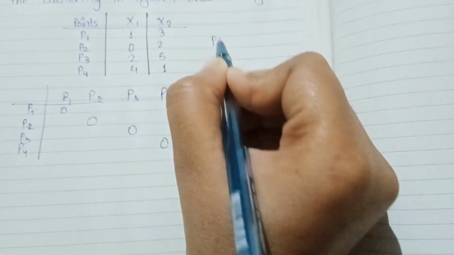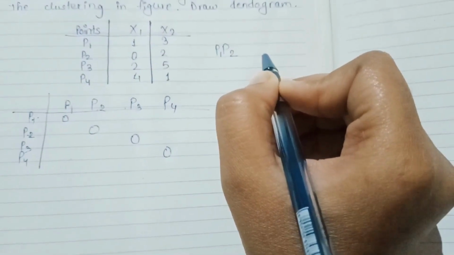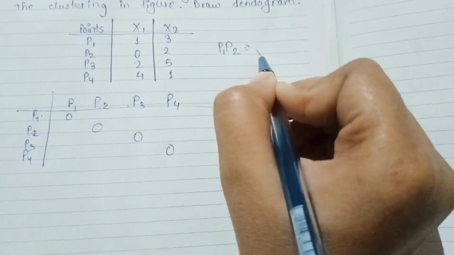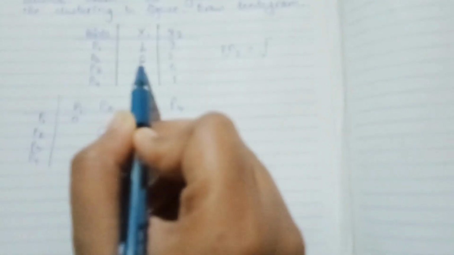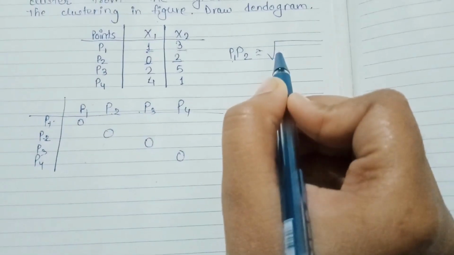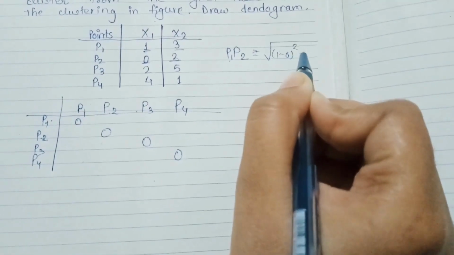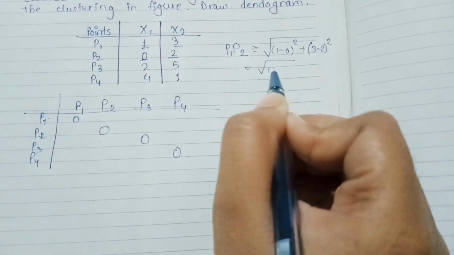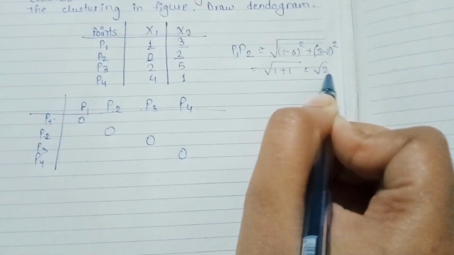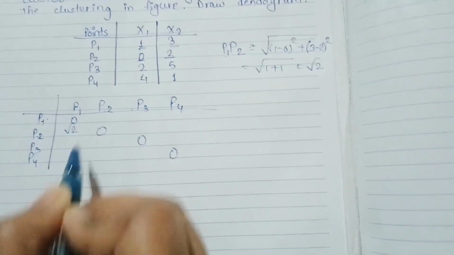Now how will we calculate P1 to P2? We simply use the distance formula for calculating the value. Here the point P1 is (1, 3), the point P2 is (0, 2). So (1 minus 0) square plus (3 minus 2) square, that is 1 plus 1, which is root 2. Here it will be root 2.